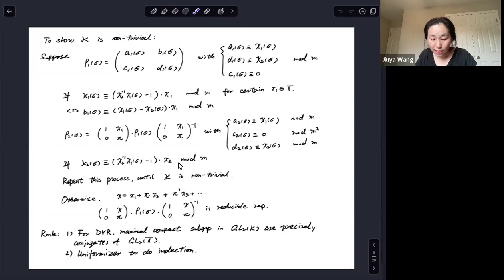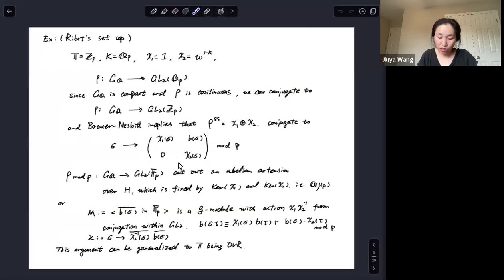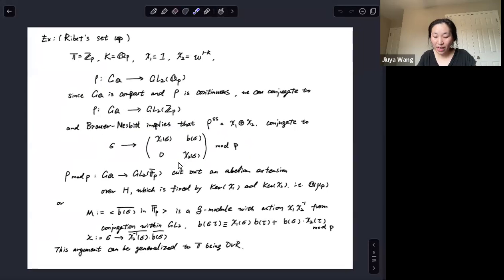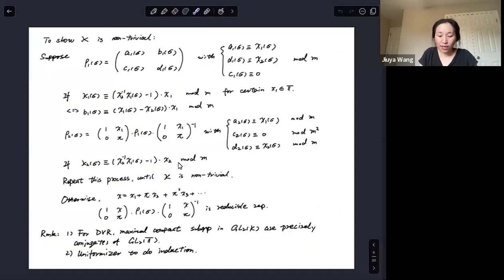Suppose rho_1 is a Galois representation you get from the previous argument with this particular format, then its matrix entries satisfy those congruence conditions mod p, and suppose kappa is a trivial cocycle.